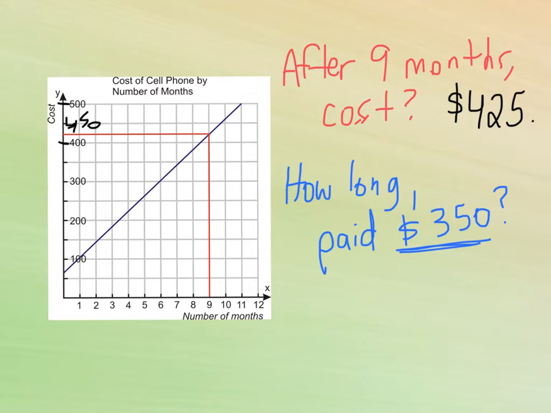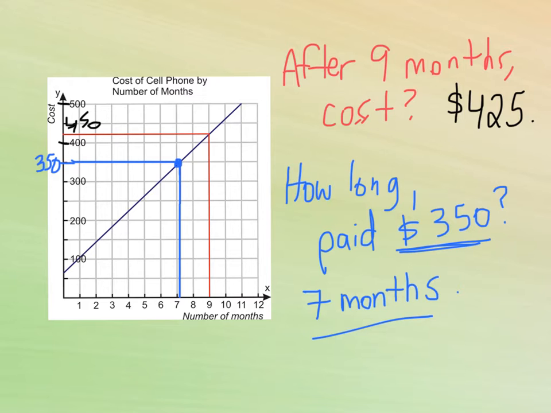So I'm going to find the spot along the y-axis that matches $350, and that's right here. Then all I need to do is go across until I reach the graph given to us. And then we need to figure out the number of months at that point. If we head down, we'll see it's just over 7 months. So if we're giving an estimate, I would say 7 months because it's pretty close to that.